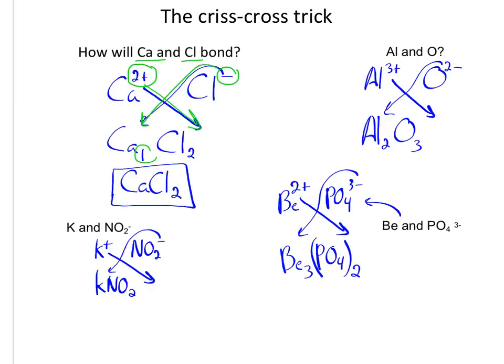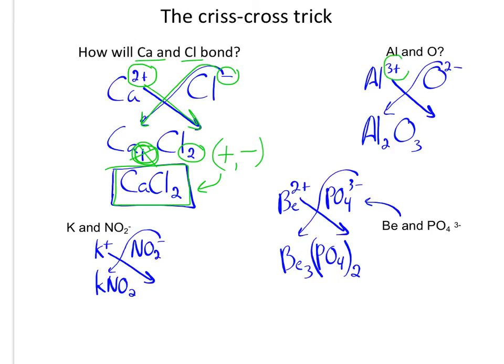So Ca1, Cl2. So the right way to write it in the end is CaCl2. You do not write the 1. When it's a 1, you get rid of it. And note that we lost the charges, and the plus and the minus, we don't write them in the final formula.